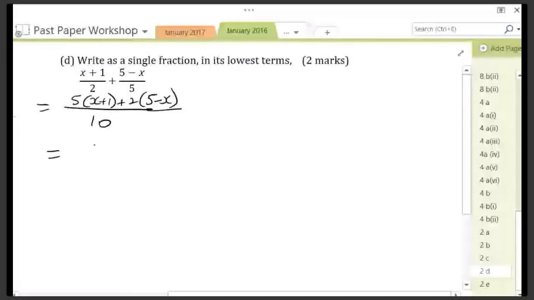Expand the brackets here. So this is 5x plus 5 plus 2 multiplied by 5 is 10 minus 2x, all over 10. We could either group the like terms or read this off and do it. 5x minus 2x here is 3x, and 5 plus 10 here is 15, all over 10.